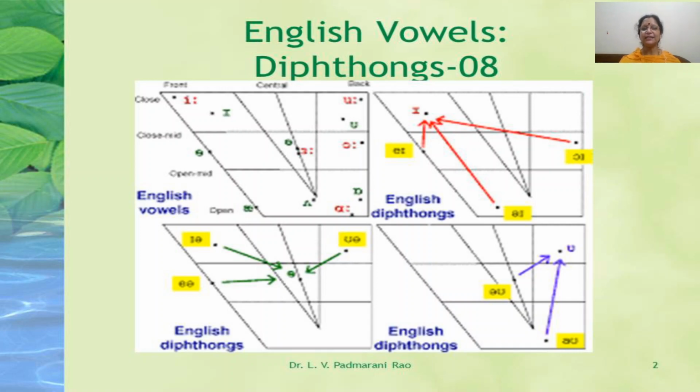Okay, come down to the second diagram, which is just below this and on the extreme right hand corner in the second row. You have 2 glides there. One is beginning with A and ending with U, as we pronounce it, ow. Now, if you look at the glide, it is quite long because it is traveling all the 3 compartments. It starts with the bottom compartment, travels the middle and ends with the top compartment where U is.